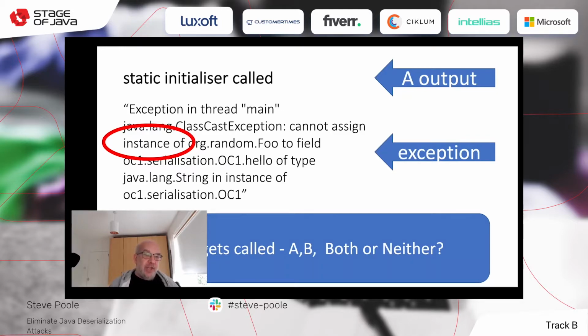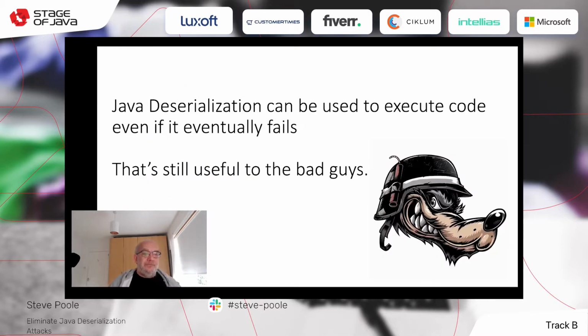So the bad guys can change the data, and none of your carefully constructed validation is ever going to get referenced. And the fact that it failed, the fact that I got a class cast exception, yeah, it's disappointing from a bad guy's point of view, but I still got code to run. I still managed to trigger some static initialization. And maybe I could trigger something else depending on the objects that I'm trying to drive.